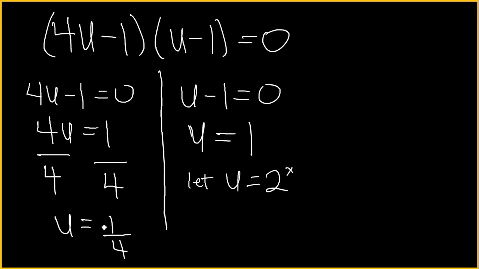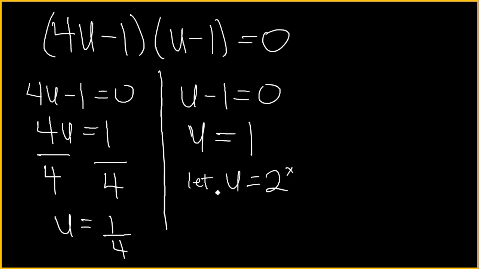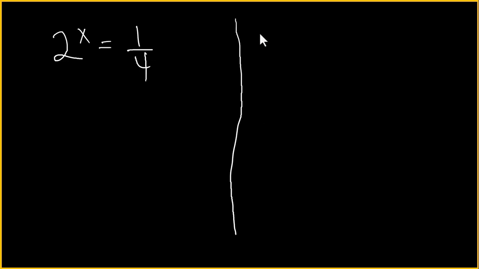So here we have u to be 1 on 4, so 2 to the power x will be equal to 1 on 4. And we have u to be equal to 1, so 2 to the power x is also equal to 1.